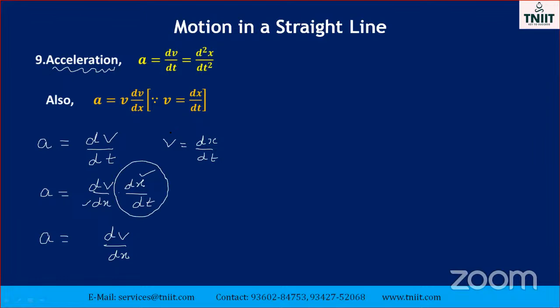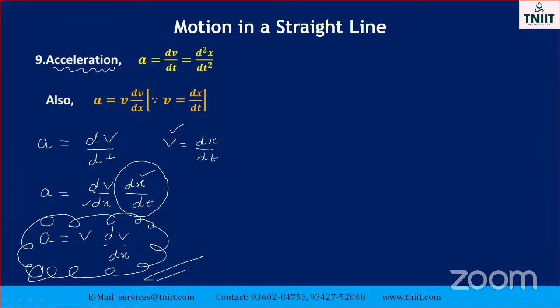Dx by dt is nothing but the velocity v. So acceleration is nothing but v into dv by dx. This is the other form of the acceleration. This is what they have defined.